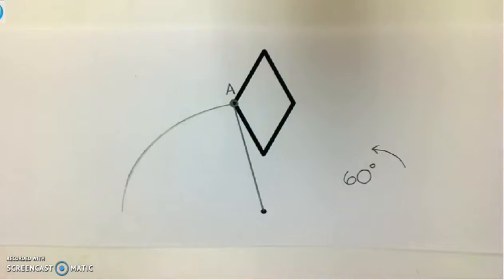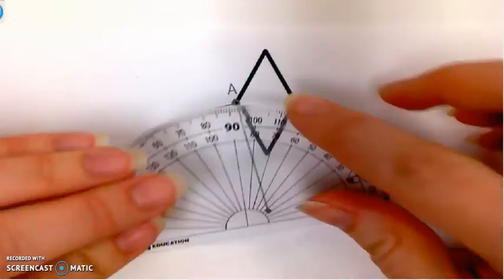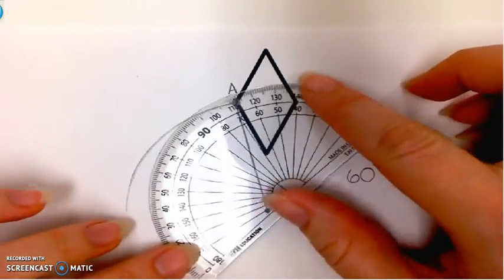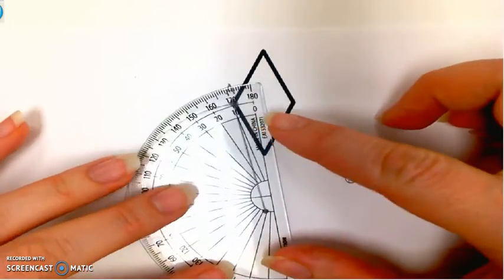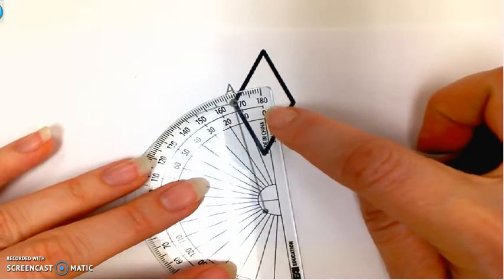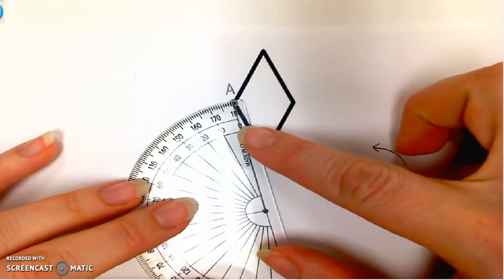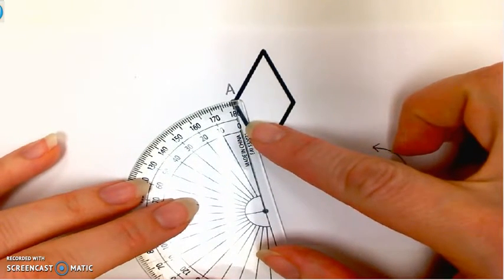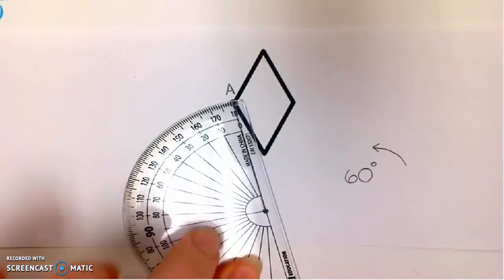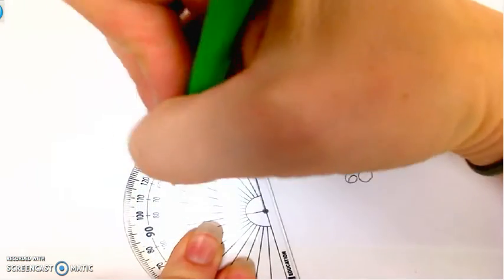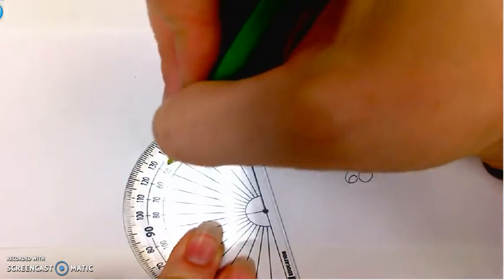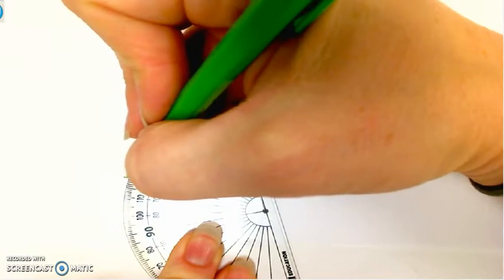And to tell how far over there we want to rotate it, that's where we're going to use our protractor. So remember, you want to use your 0 lined up with point A. And I promised you a 60-degree rotation, so let's put a mark out at 0, 10, 20, 30, 40, 50, 60.